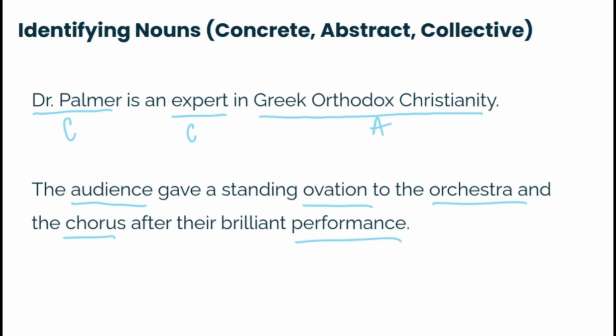Nouns that are functioning as a singular word but are representing a group of people or things. That would be audience, orchestra, and chorus. Those things are also concrete. I could interact with them. I could hear them. Ovation and performance are just going to be concrete.